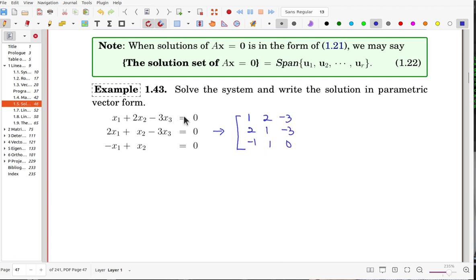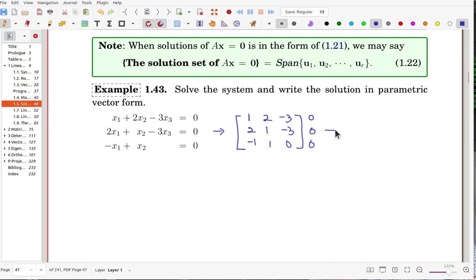In the augmented matrix we have a 0 column. If you apply elementary row operations, this 0 column does not change, always 0, so we may ignore it. We understand that this portion is the matrix itself, and there is another 0 column for the right side, but we simply omit writing it.